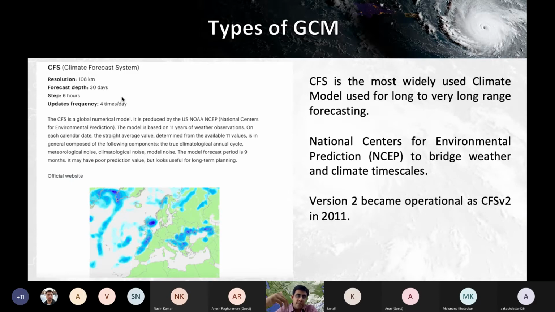But the issue is that we cannot trust this particular thing. The reason is because there are a lot of assumptions. Okay, there are a lot of assumptions, and it has a lot of issues in the sense that it is a boundary condition problem. So how do you know that it has put the January, February, March solar radiation correctly?